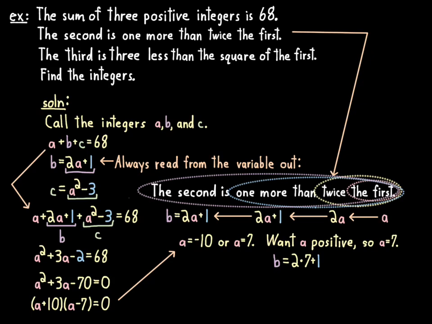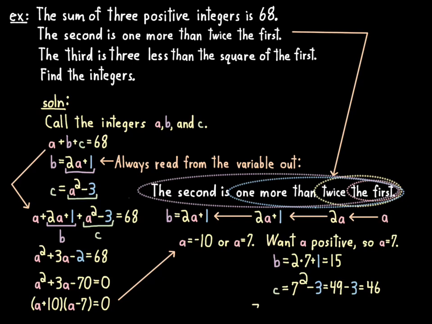Okay, that's A. B is 2 times 7 plus 1. I just went back to the formula for B right there, and I just plugged in A. So I get 14 plus 1 is 15. And then C, I just go right there, and I plug in A, which was 7. So that's 49 minus 3, right? 49 minus 3, which is 46.